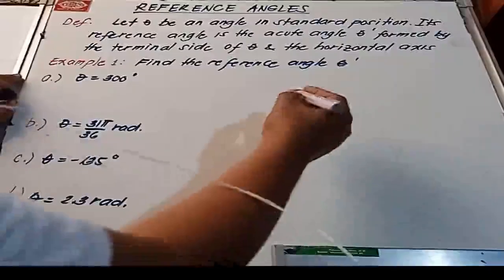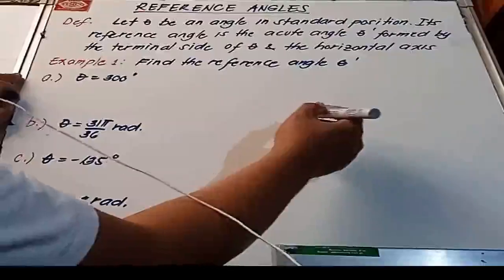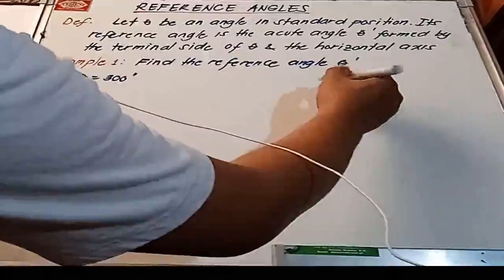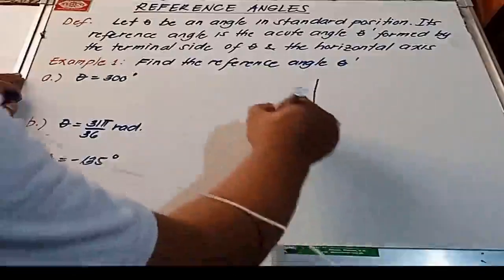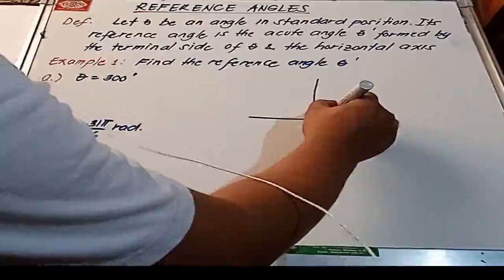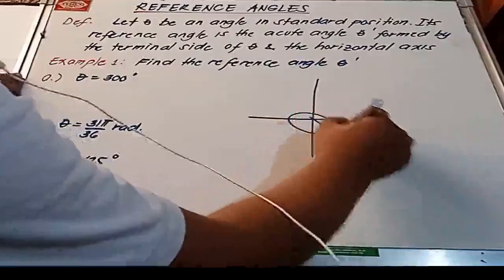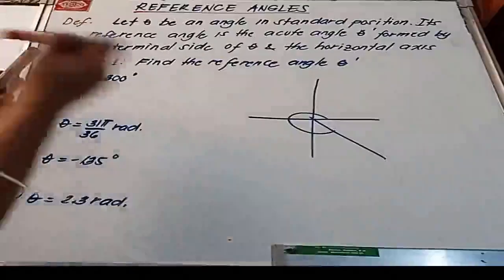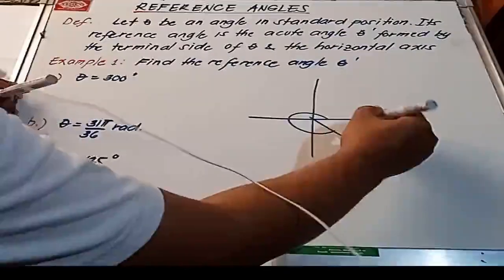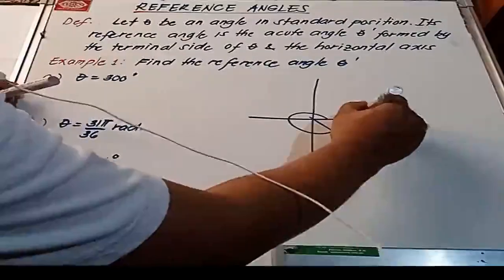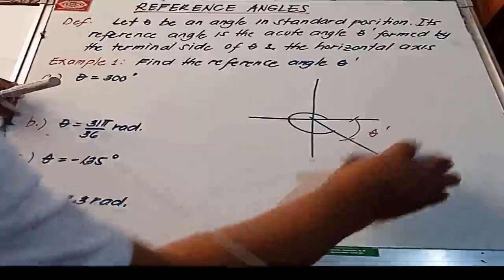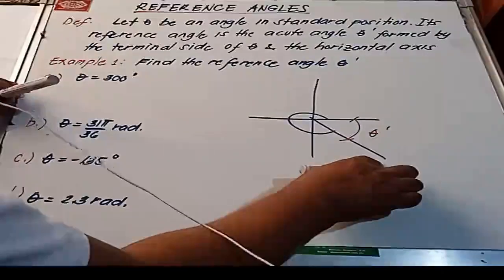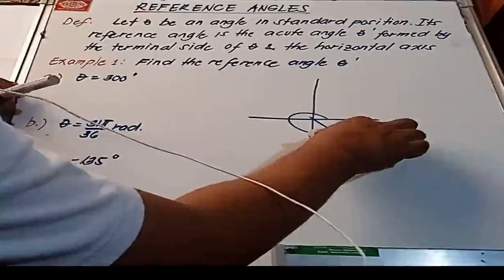Okay. So ang 300 degrees is located sa fourth quadrant of the Cartesian coordinate system. So ito yon. So 300 degrees. So ito ang kanyang terminal side. So ito ang ating reference angle. Okay? Angle between the terminal side of angle theta and the horizontal axis.